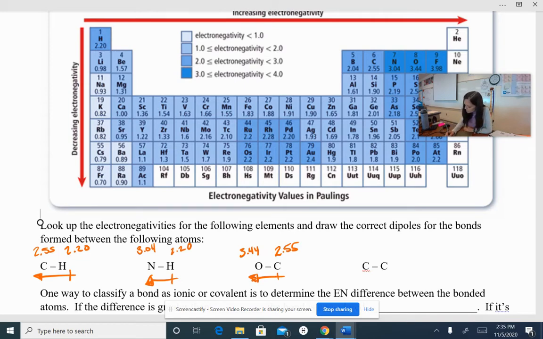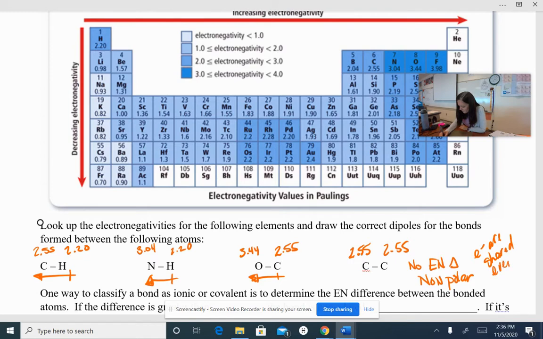Now this one's kind of a trick. I have two carbons. They're exactly the same. So if they're the exact same, is there going to be any electronegativity difference? No. So if there's no electronegativity difference, it's nonpolar, which means that the electrons are shared evenly. Okay? All right.